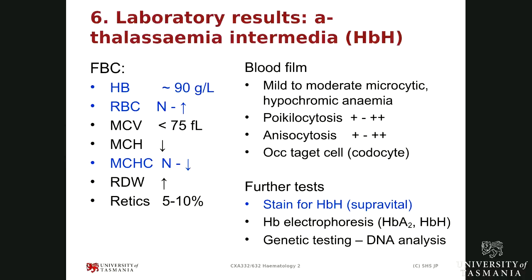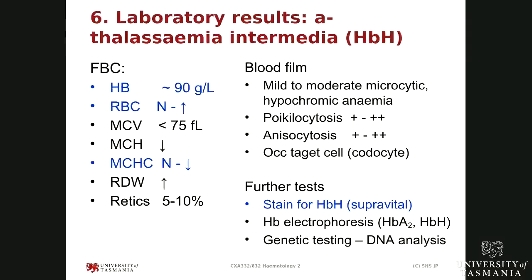So the further tests that we use for alpha thalassemia intermedia: we can stain for hemoglobin H. That's a really good thing to do, because it's quite difficult with alpha thalassemia, as we have alpha chains in all of our hemoglobins.